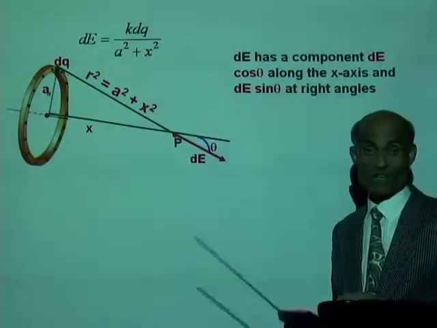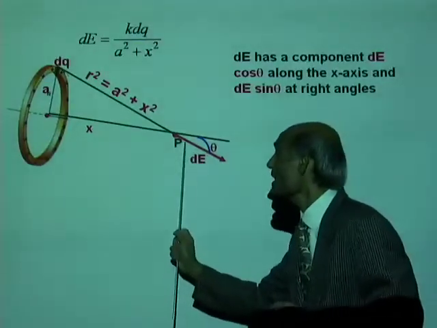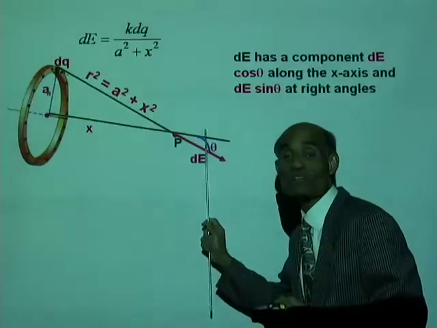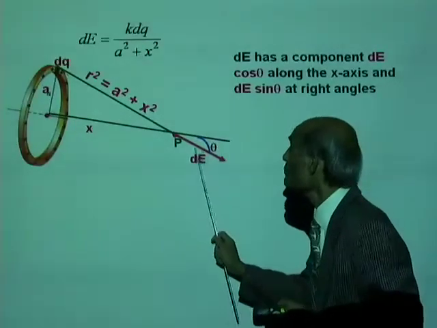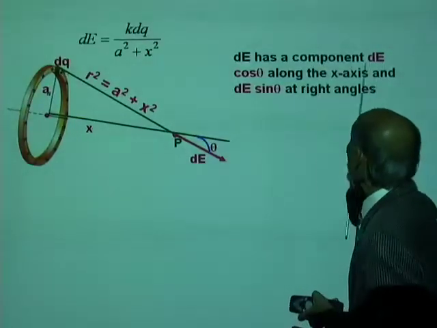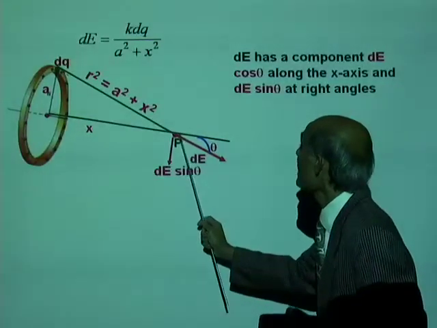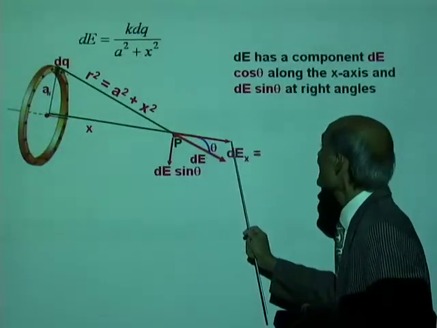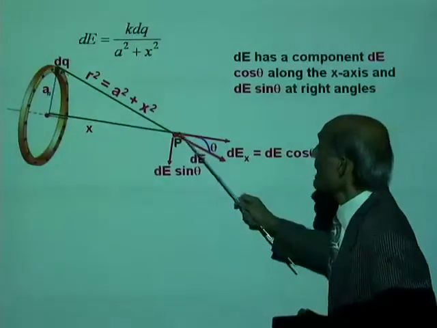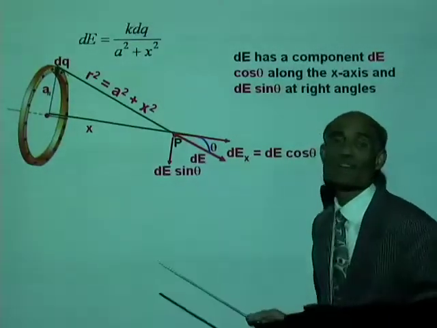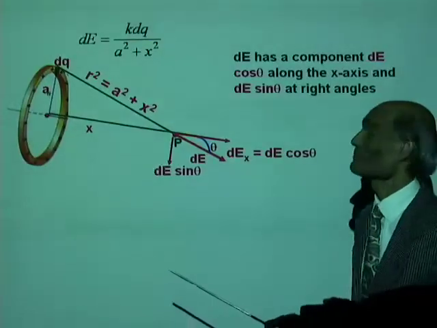Now you know how to break a vector into its x and y components. So dE cos theta is the x component, and dE sin theta is the y component.